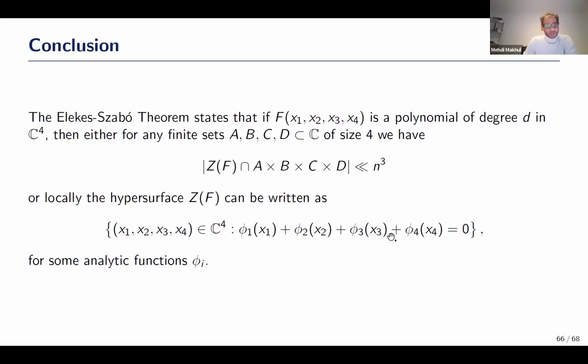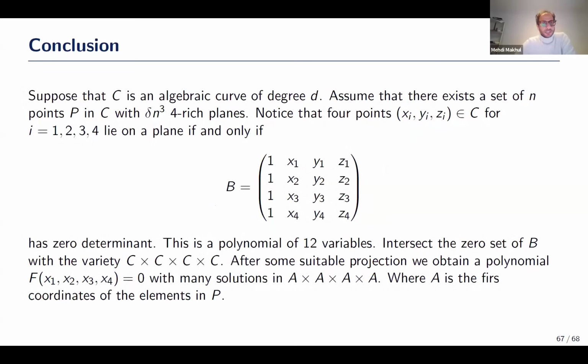Now let's go back to our problem. In our problem we start with a curve which is algebraic of constant degree d. And we know that 4 points (xi, yi, zi) in C lie on a plane if and only if the determinant of this matrix is 0. Now we could arrange some projection to come up with a polynomial of 4 variables.